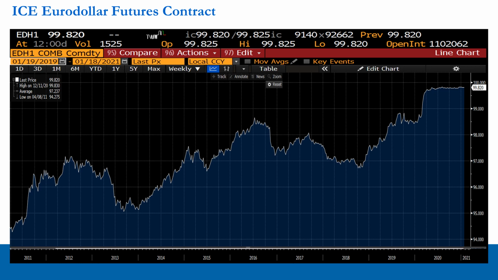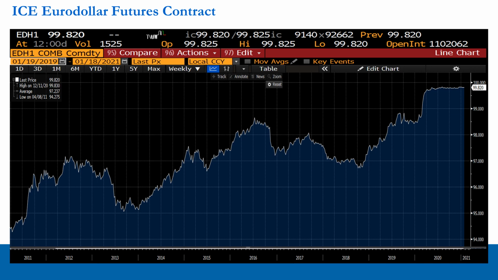It is often stated that when the US sneezes, the rest of the world catches a cold. This is very true in the bond markets. When liquidity is abundant in US bond markets, the rest of the world has liquidity.